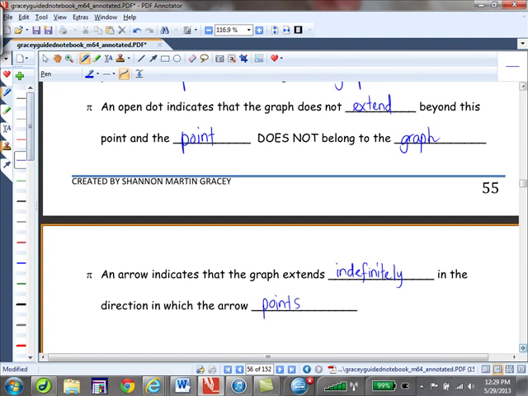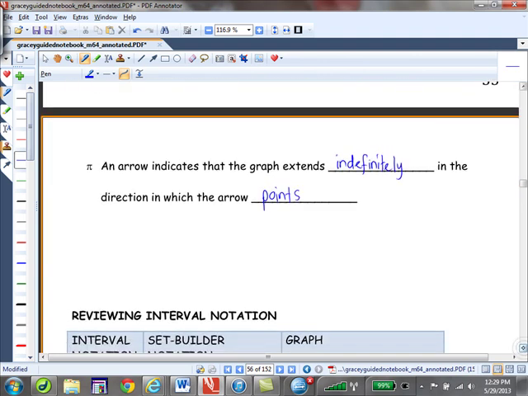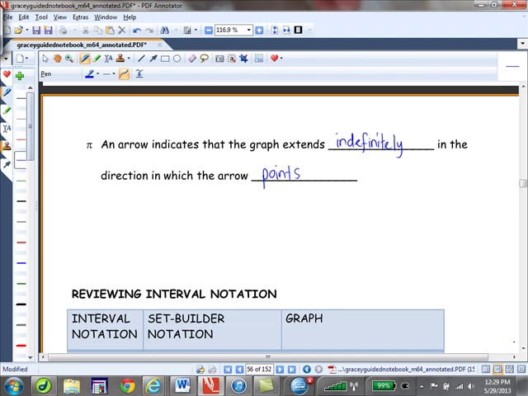So, if you take a look, we could just make a picture of a graph.